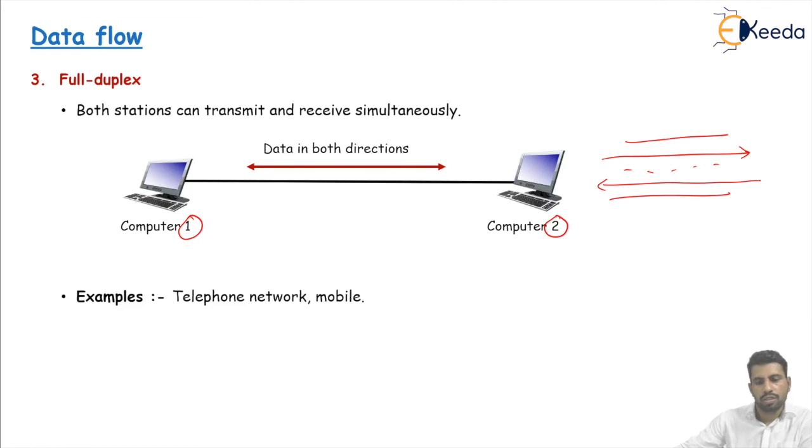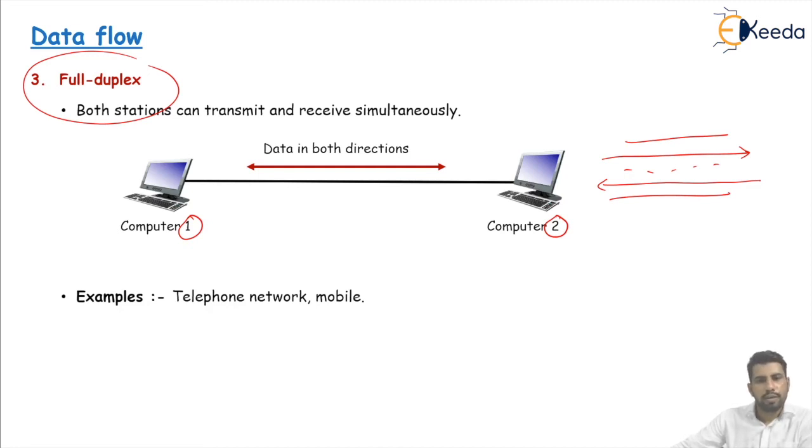Means just send the data and now we want to receive the data or want the answer from the other side. So full duplex communication or data flow is needed in the coming years of technologies. Okay, these are the three ways how the data flows between two devices: simplex, half duplex, and full duplex.